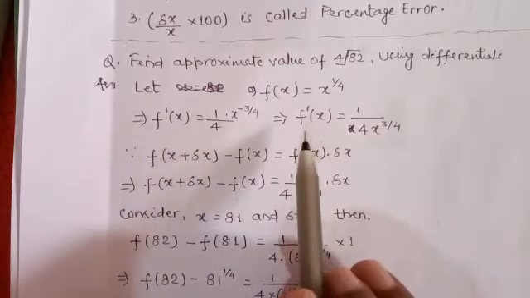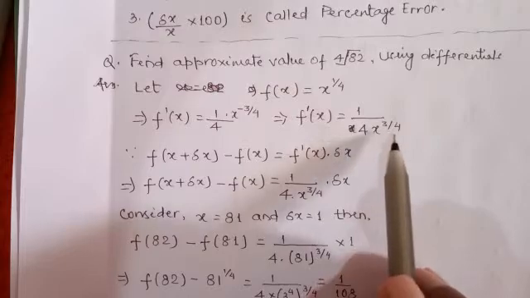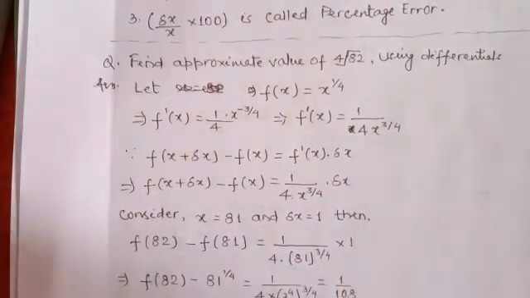Thus f dash x is equal to 1 by 4 into x to the power 3 by 4, where the negative power goes to the denominator and becomes positive.